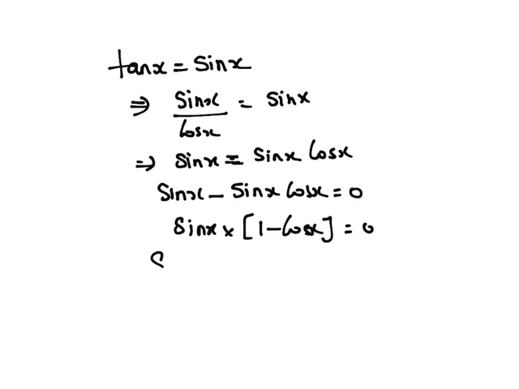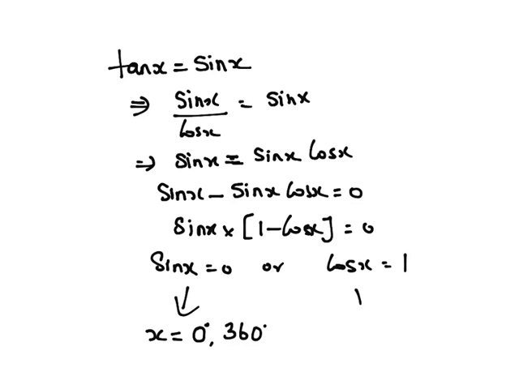So that means either sin x is 0 or 1 minus cos x is 0, which means cos x is equal to 1. So this means x can take the value of 0 degree or 360 degree. Here x can take the value of 90 degrees. And also, sorry, 360 degrees. So it means x can be pi by 2 or 2 pi.